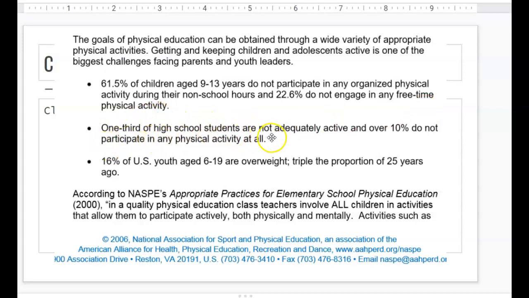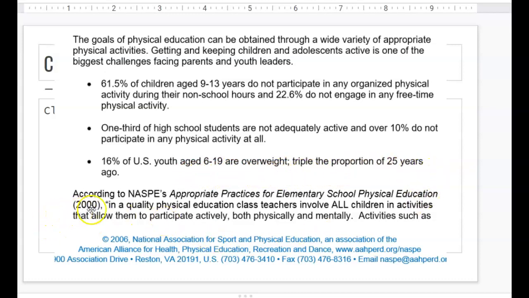One third of high school students are not adequately active, and over 10% do not participate in any physical activity at all. And 16% of United States youth aged 6 to 19 are overweight, triple the proportion of 25 years ago.